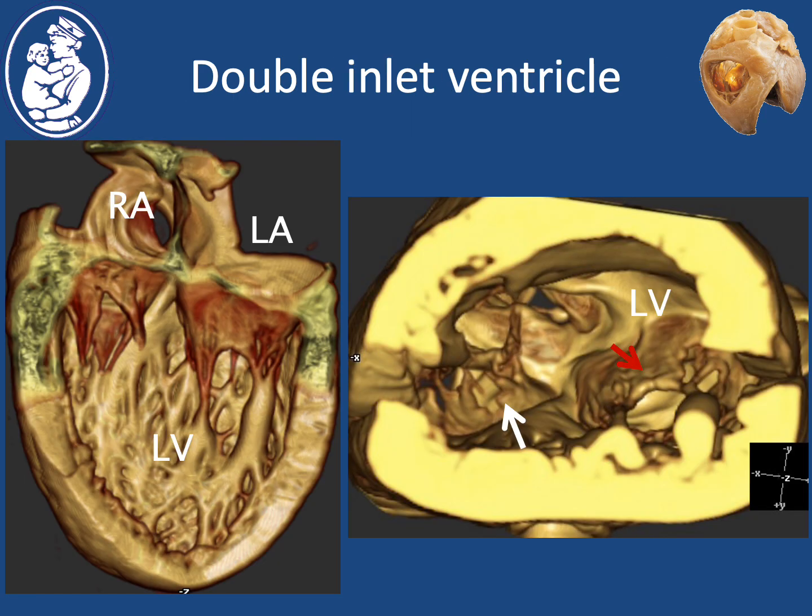Double inlet ventricle is just what we've seen before, both atrioventricular valves into either a morphologically left ventricle, as shown here, or a right ventricle. So this is double inlet ventricle, or two AV valves into one ventricle.